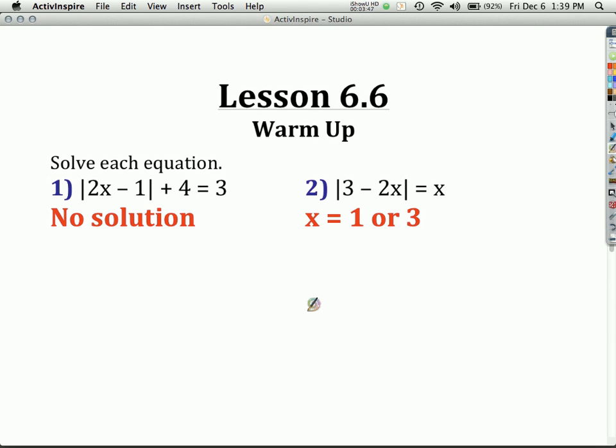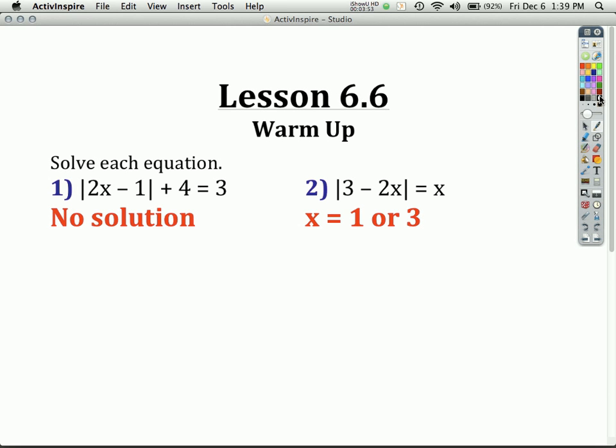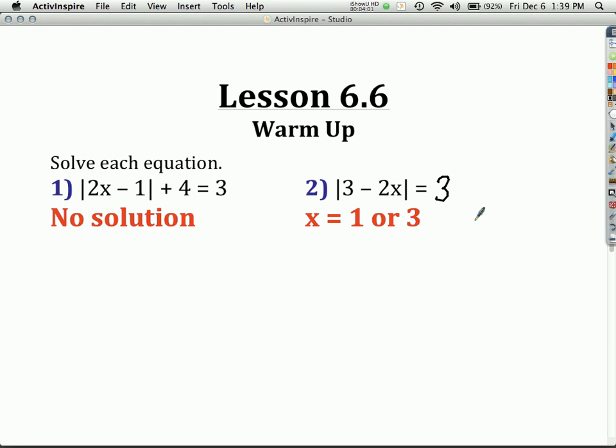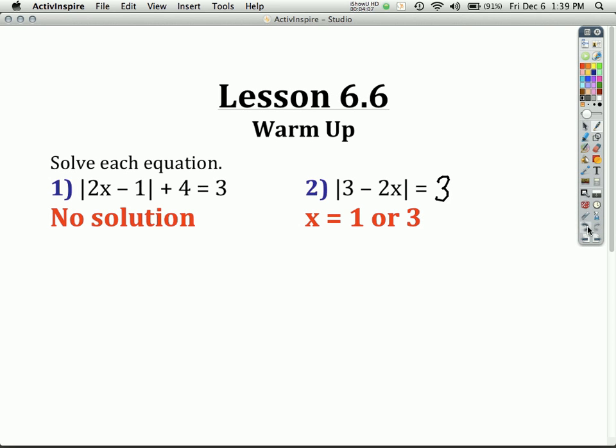I was hoping you would treat it just like you would treat it if this were a number. If you treated it exactly the same, then you should have gotten those 2 solutions. It's just a little bit more complex.